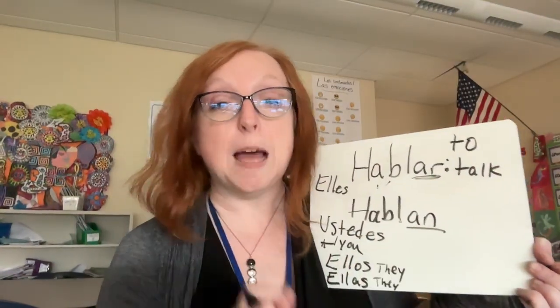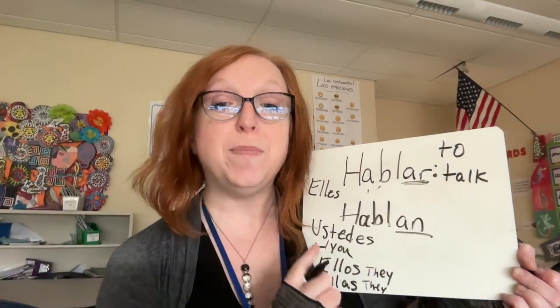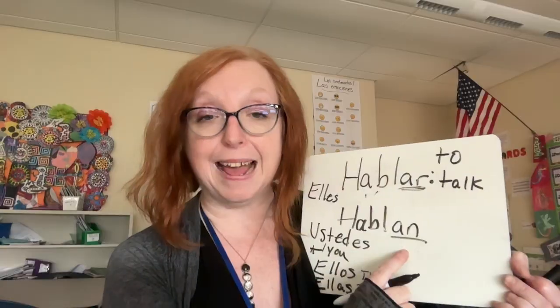En, hablan. So ustedes hablan español, you all speak Spanish. Ellos hablan español, they all speak Spanish. Ellas hablan español, they speak Spanish. So again, we chop off that AR, we make it an AN, and we have the conjugation for they.